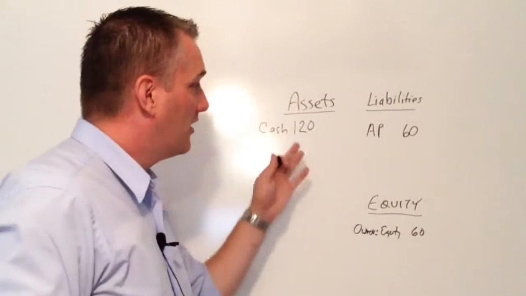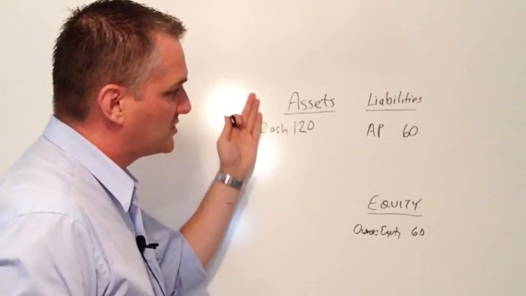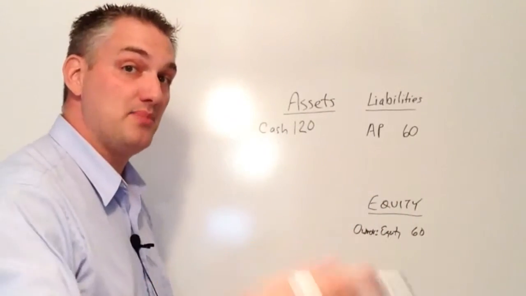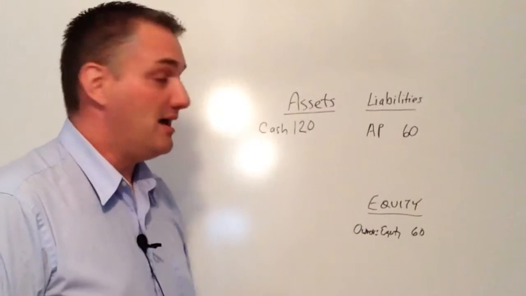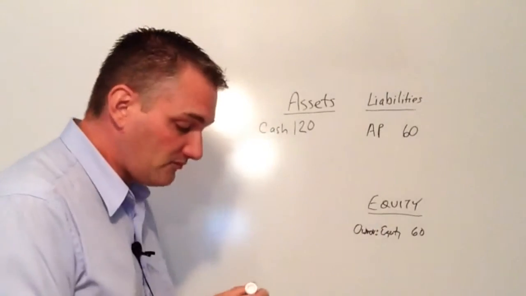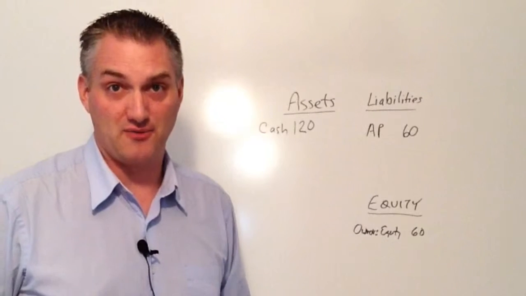So you see, they balance. So 60 and 60 is 120. My cash has gone up, my owner's equity has gone up, and by taking the paint from the paint store but not paying them yet for $60 worth of paint, my accounts payable has gone up as well.